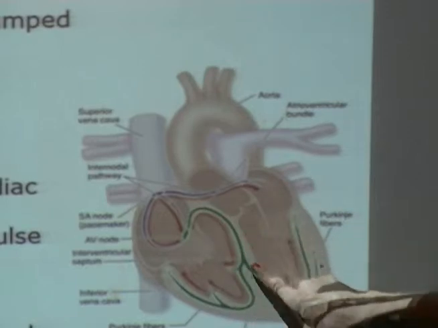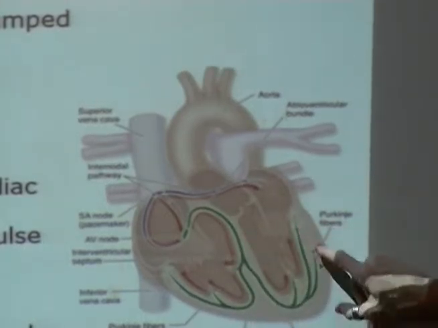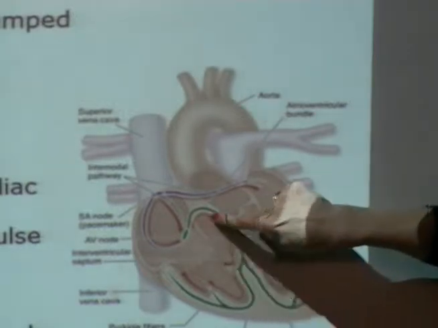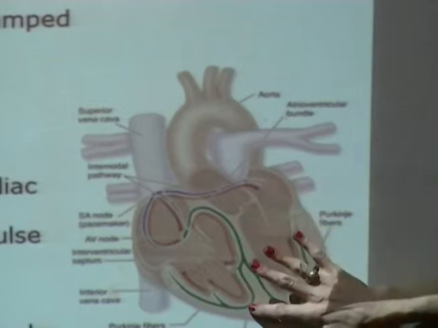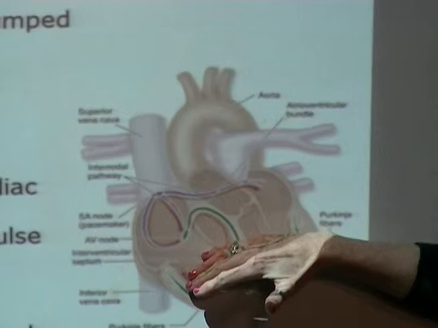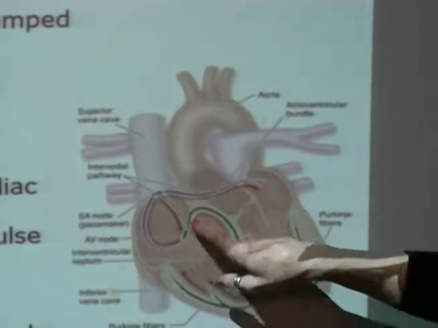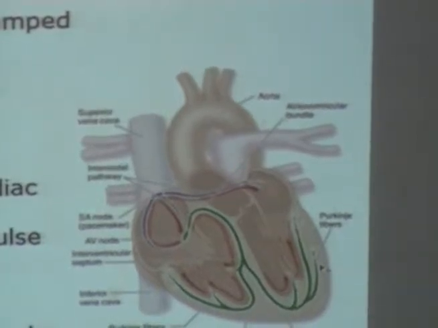And it's able to use some specialized fibers called Purkinje fibers to speed up the transmission of the signal down to the bottom of the ventricle. You don't want the bottom contracting a lot later than the top of the ventricle, right? So the Purkinje fibers are able to transmit the impulse very, very quickly.